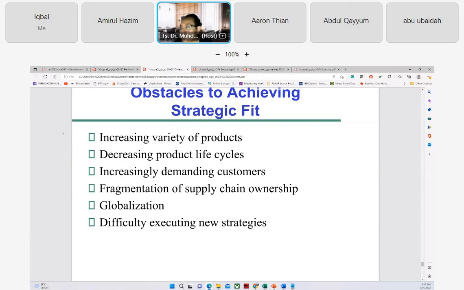So in the fragmentation of supply chain, there are a lot of small parts. For example, Shopee has a supply chain run by Shopee as well, but sometimes they subcontract the service to other supply chain services. That's how they do fragmentation.